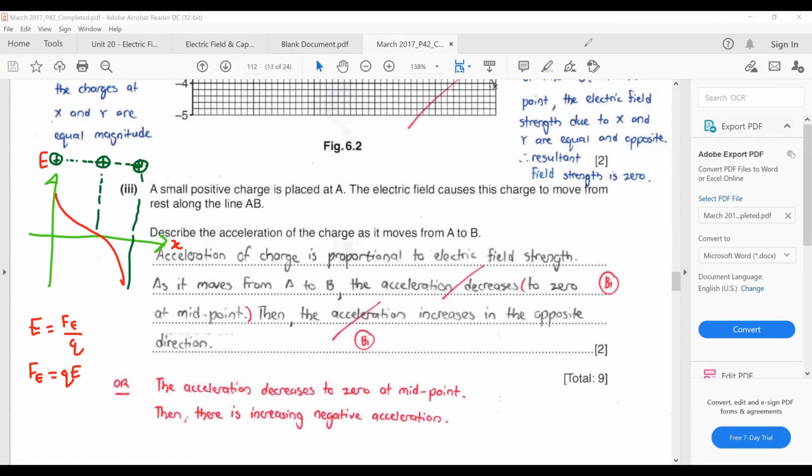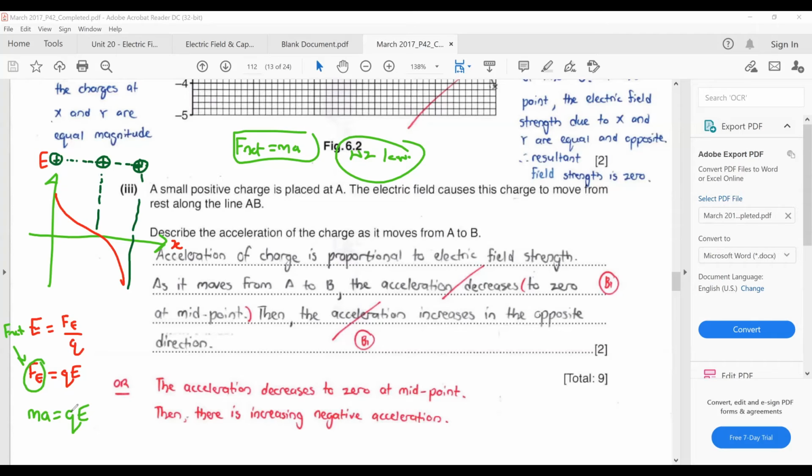It's actually your net force that gave you your acceleration. This is your F net. And because you know that F net is equals to ma, according to Newton's second law, you can re-expand this to become ma equals to qE.